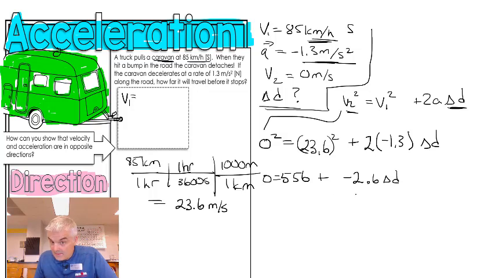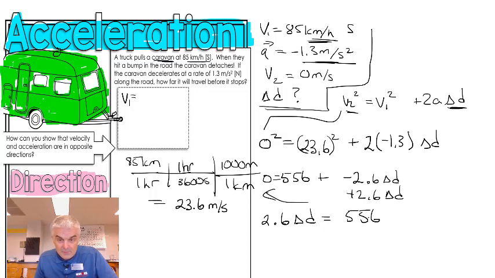Now I'm going to add 2.6 delta d to both sides. That'll also go over to this side. So I can say 2.6 delta d is equal to 556. I did that so I could have all positive numbers. Divide both sides by 2.6.